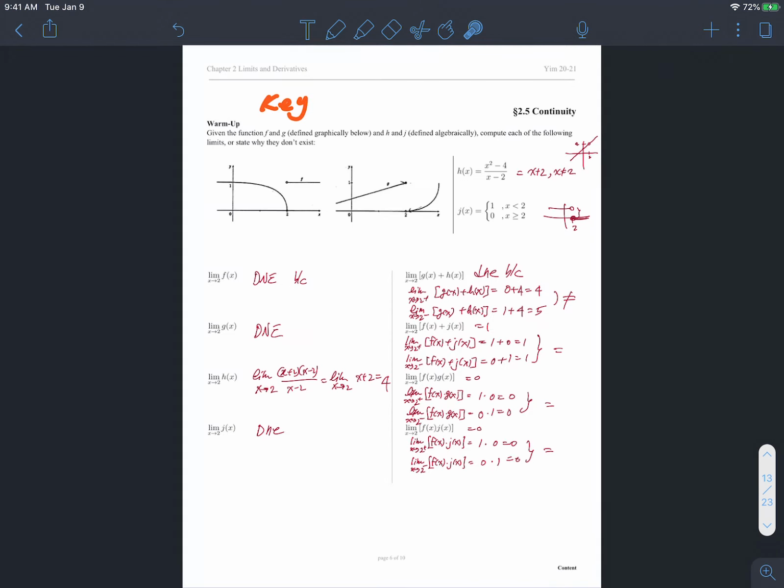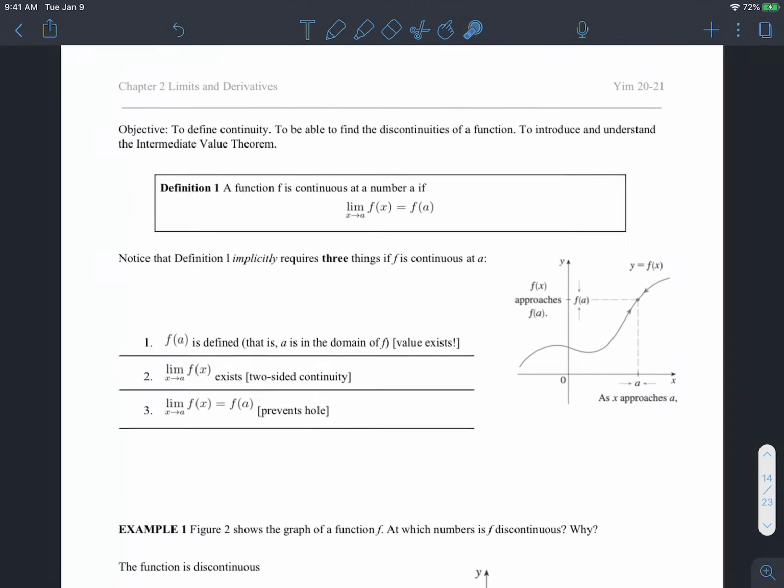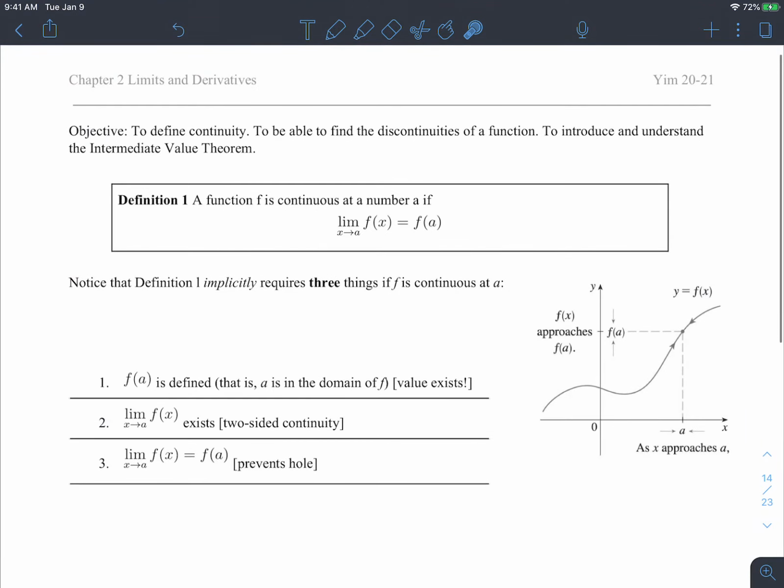Okay, all right, guys. So we have the first page. Our objective is to define continuity, to find out where a function is discontinuous, and to introduce the IVT, the intermediate value theorem.